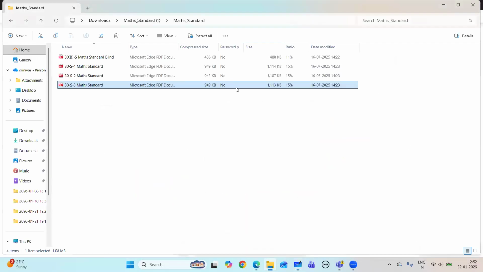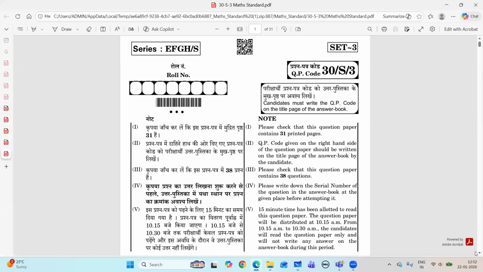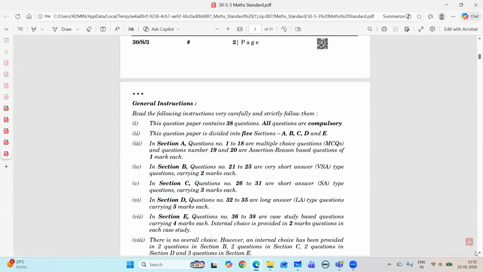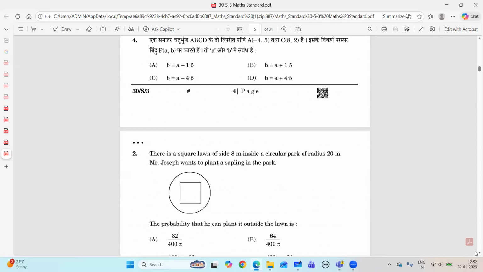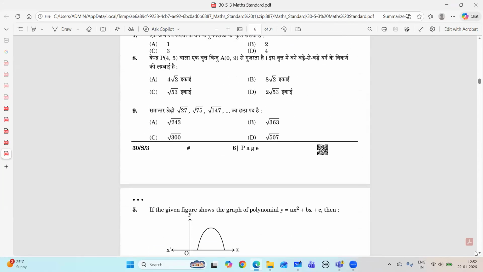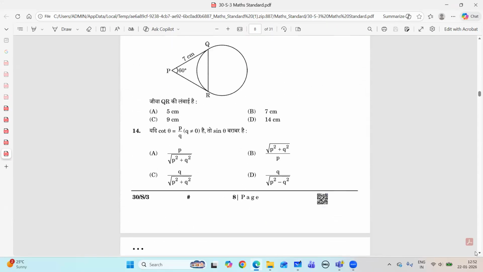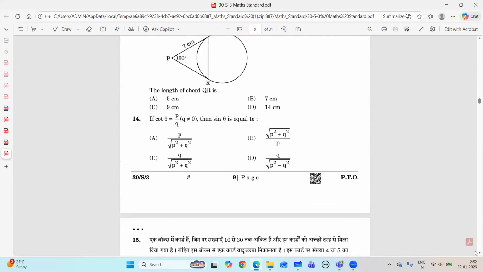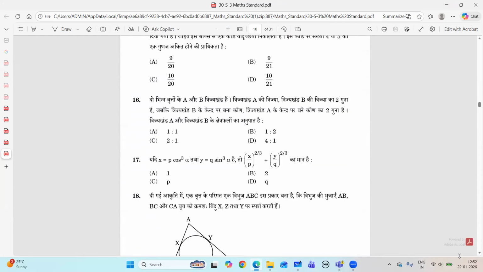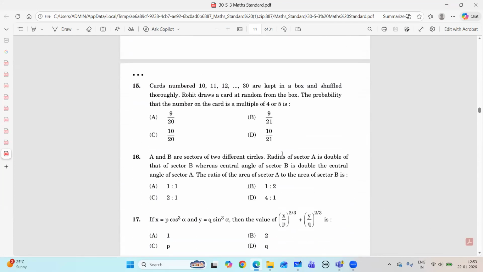So let us see the right choice. It is 9 by 21, it is not simplified. So the answer is B. 3 is a common factor, but it is not simplified in the options; it is retained.